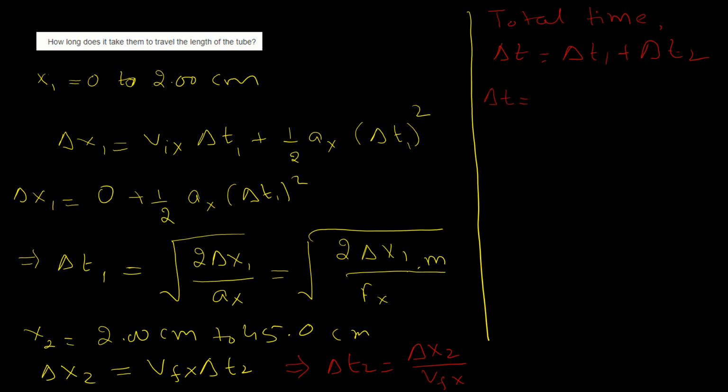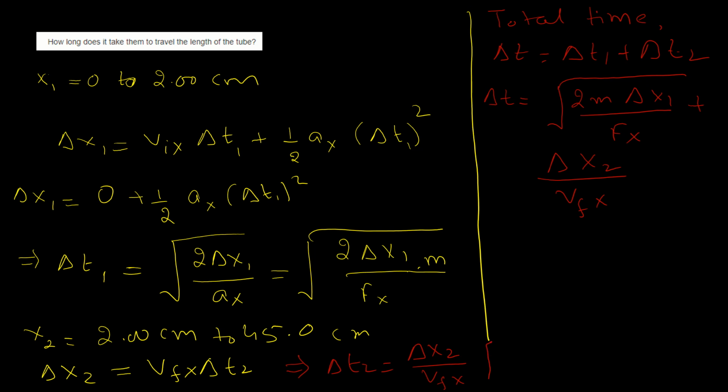Delta t1 is the square root of 2m delta x1 divided by F_x, plus delta t2, which is delta x2 over v_fx. Now just plug in the values.